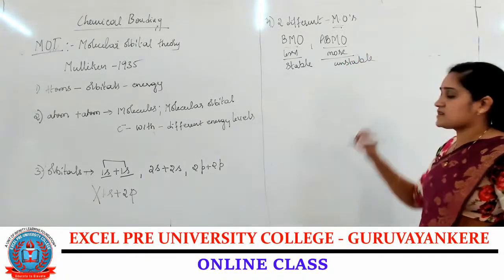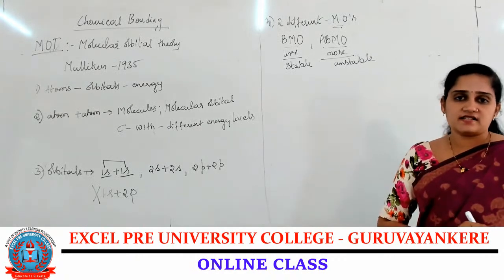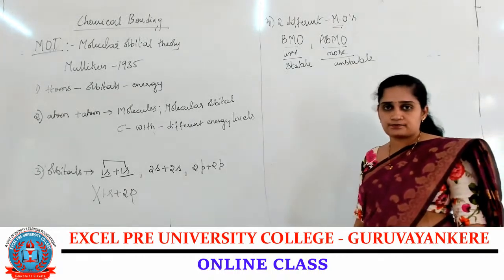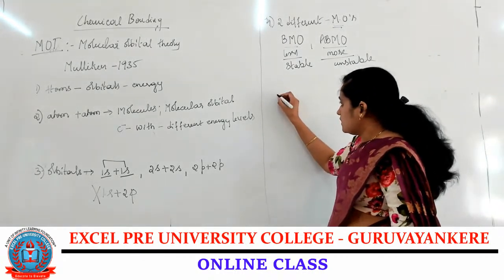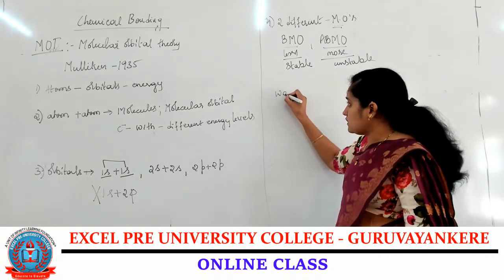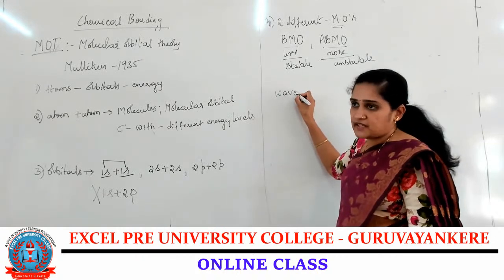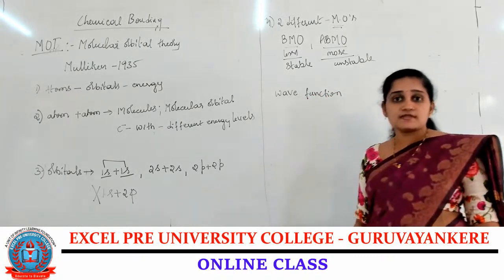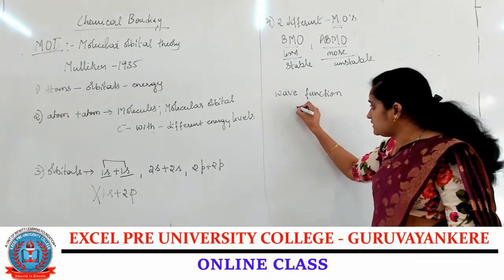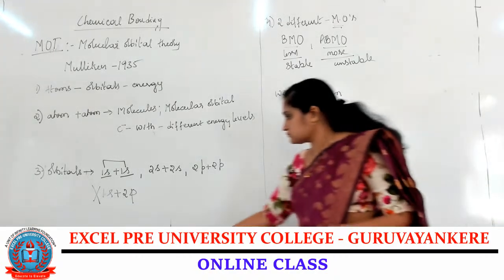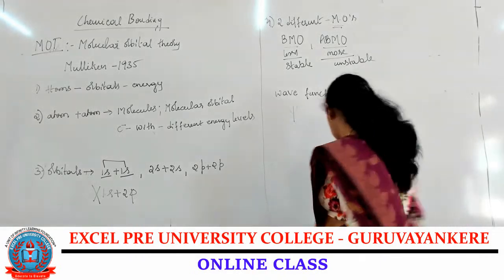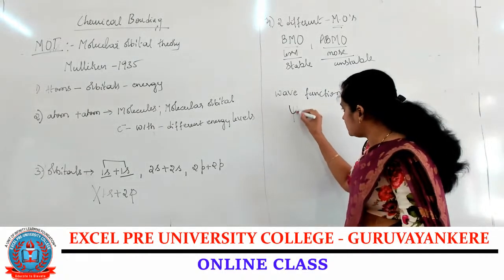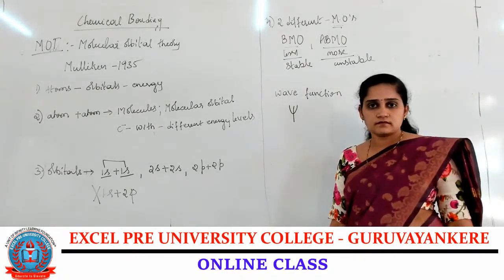Why is bonding stable while anti-bonding is unstable? Let me explain using the electrons now. See this distribution of the electron in an orbital. The distribution of the electron in an orbital is explained using a wave function. We represent the wave function as psi.